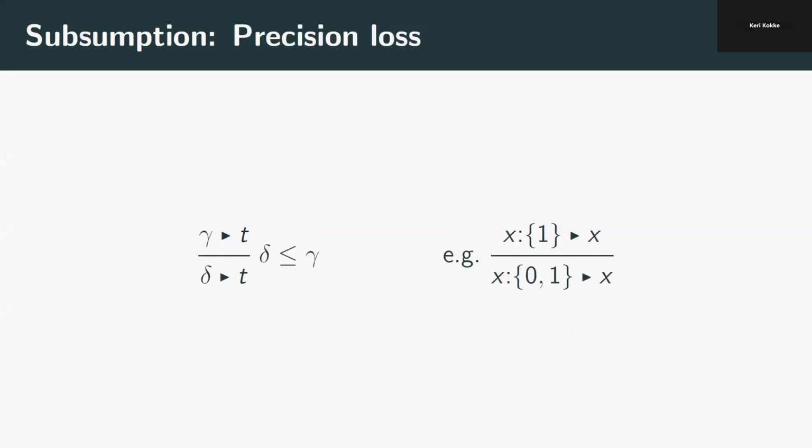Right, so these grades are technically elements of some semiring, but for the purpose of what I'm saying now, you can think of them as sets of natural numbers, representing some allowed amount of uses. And this is more formally expressed by this subsumption rule, allowing us to switch the context given some partial order of these grades.